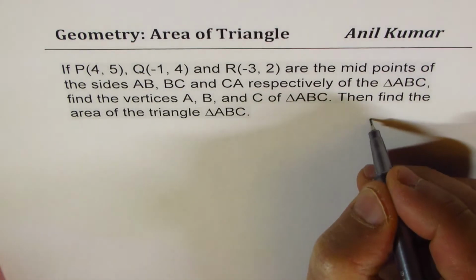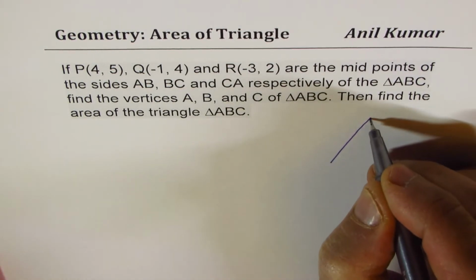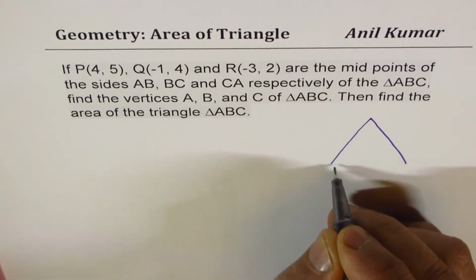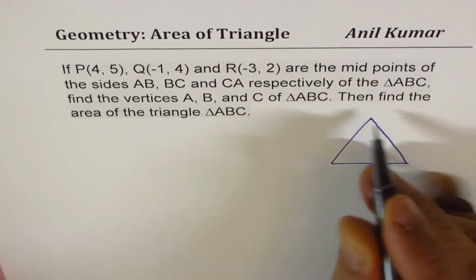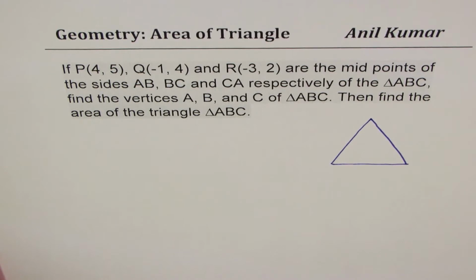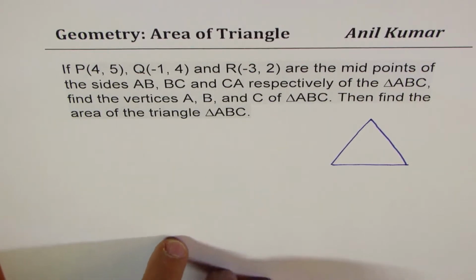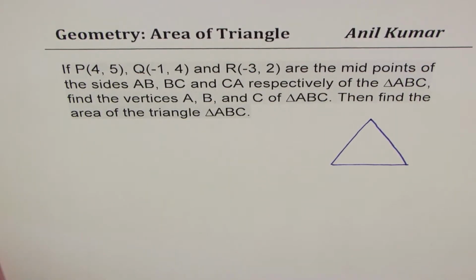So let me just sketch a triangle here. You need not bother to do it on a coordinate plane and figure out how the orientation should be. Just sketch it. That's the whole thing. We have to save time while providing the solutions, as in test time is very critical.